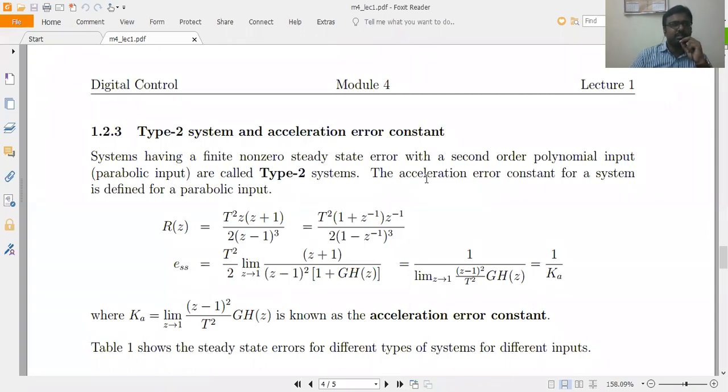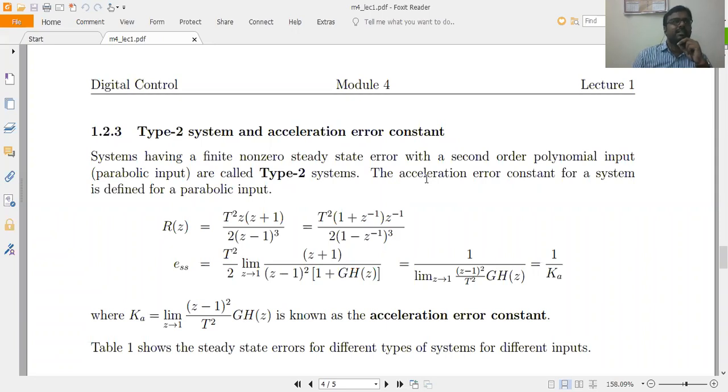As far as the definition is concerned, in case of the position error it is a zero-order polynomial function, and in case of the velocity error it is a first-order polynomial function. For type 2 systems, the systems having a finite non-zero steady-state error with a second-order polynomial input are called type 2 systems.